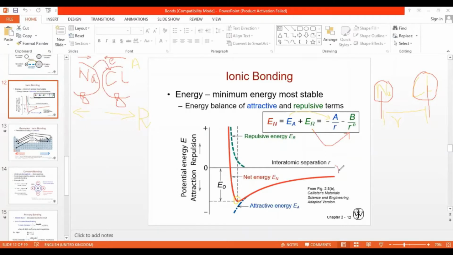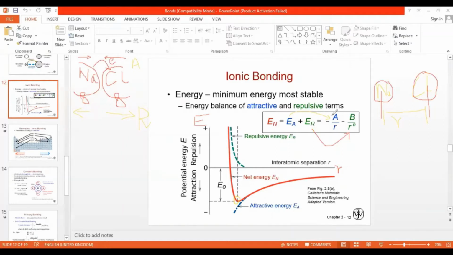So I am drawing a graph between R and energy E. Repulsion energy I will take positive and attraction energy I will take negative. You can take it otherwise also, but usually we take it like this. Then we'll draw a graph.